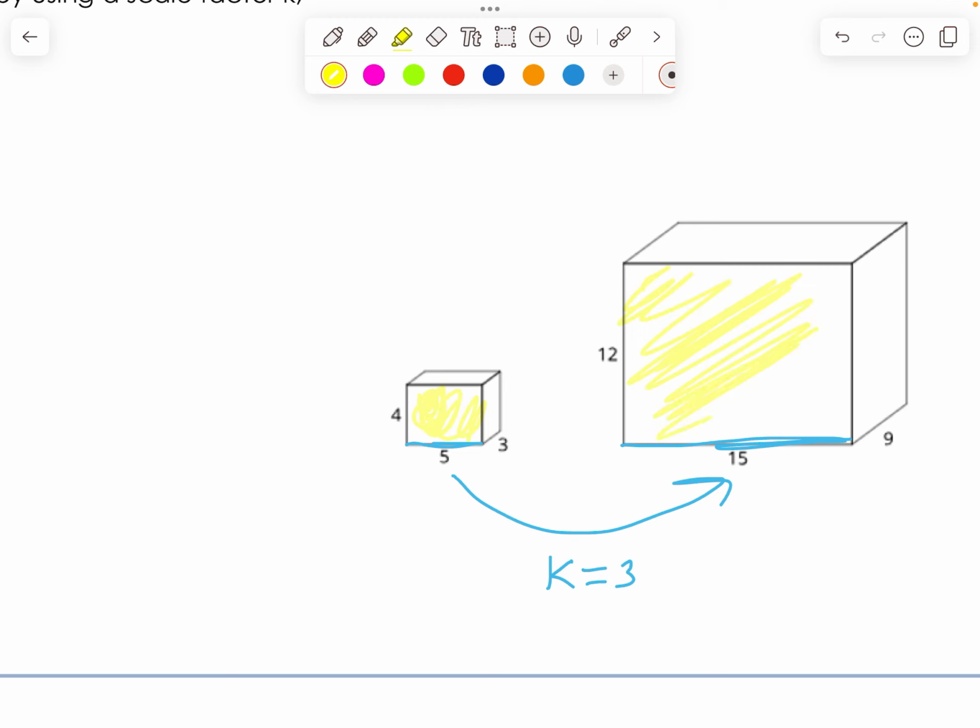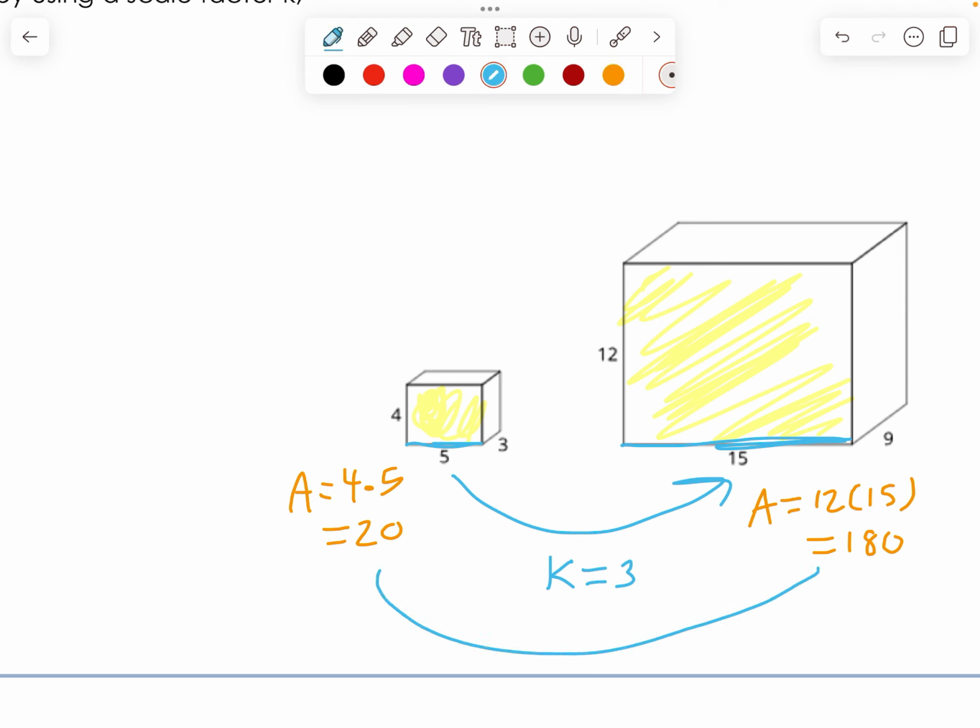If we did those faces right there, the area of just those squares would be 4 times 5 over here, which is 20, or over here would be 12 times 15, which is 180. That increased by 9 because we did area.